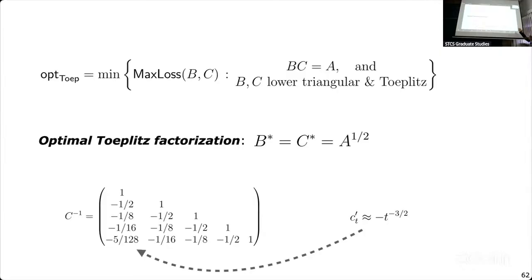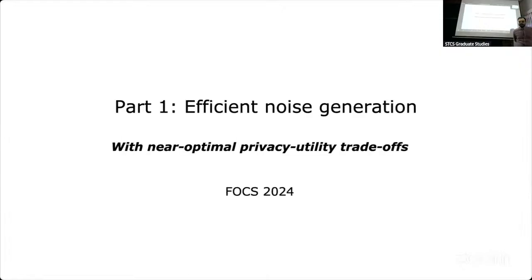So it is not surprising that this is the optimal factorization. We can also write down the square root of this. It turns out that the below diagonal entries scale as t to the power minus 3 by 2. That's just a tidbit. It's not going to be useful going forward. It's just interesting. Okay. So that brings us to the end of the background.